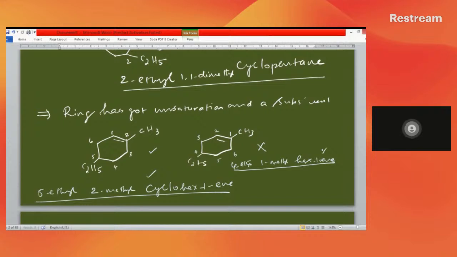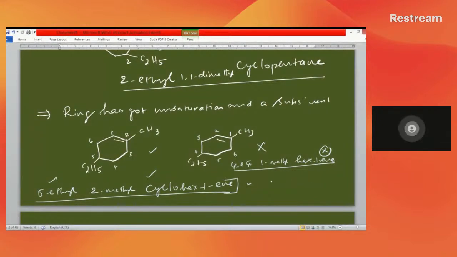It's a wrong name: cyclohex-1-ene, 1-methyl, 4-ethyl. Try to understand. While giving the numbering, unsaturation is given preference. And this is the correct name: 5-ethyl-2-methylcyclohex-1-ene. By this you can understand.